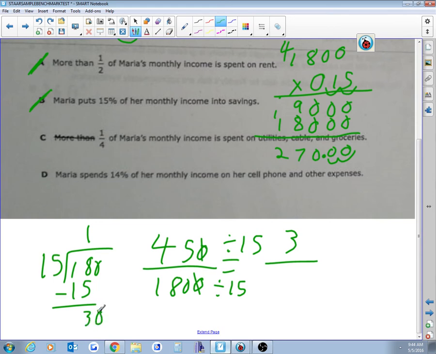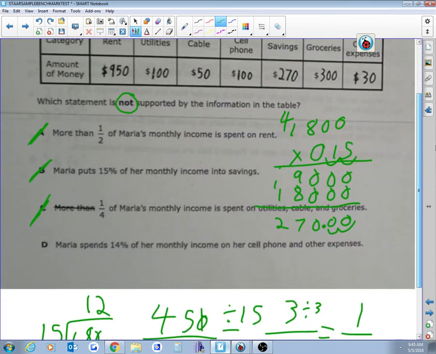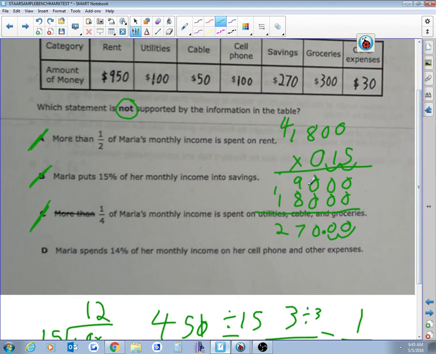Bring down the 0, so you get 12. So 3 over 12. 3 twelfths. And then we can divide again. Divide by 3. Divide by 3. You get 1/4. So yes, that is 1/4. That is supported. So it must be this one. If you did 0.14 times 1800, you would not get the cell phone and other expenses. So that's our correct answer.